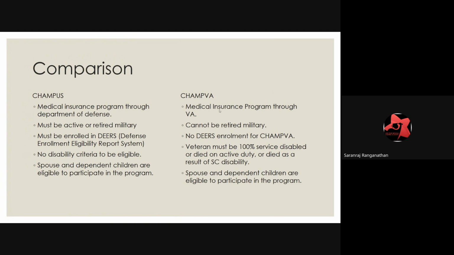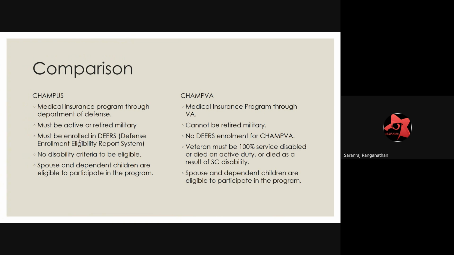Then comparison. What is the difference between CHAMPUS and CHAMPVA? CHAMPUS is a medical insurance program through the Department of Defense, so they are in that service. CHAMPVA is a medical insurance program through Veterans Affairs. CHAMPUS: must be active or retired military. CHAMPVA: cannot be retired military.